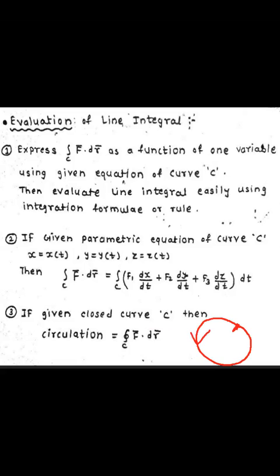For example, you can consider a circle, ellipse, rectangle or square as a closed curve. In that case this line integral is called circulation, and it is written as the integral of f bar dot dr bar along the curve C with a circle on the integral sign. And how to evaluate this? For that, refer to these two points and evaluate the integration.